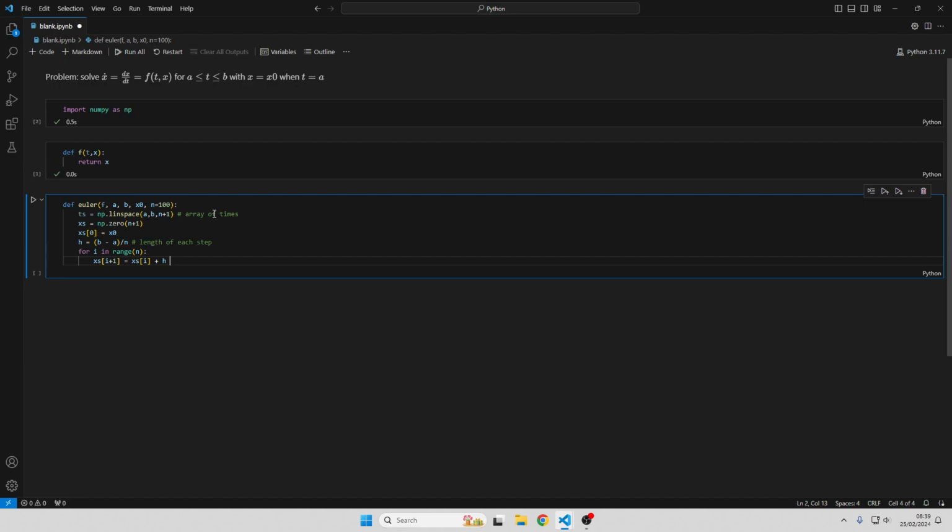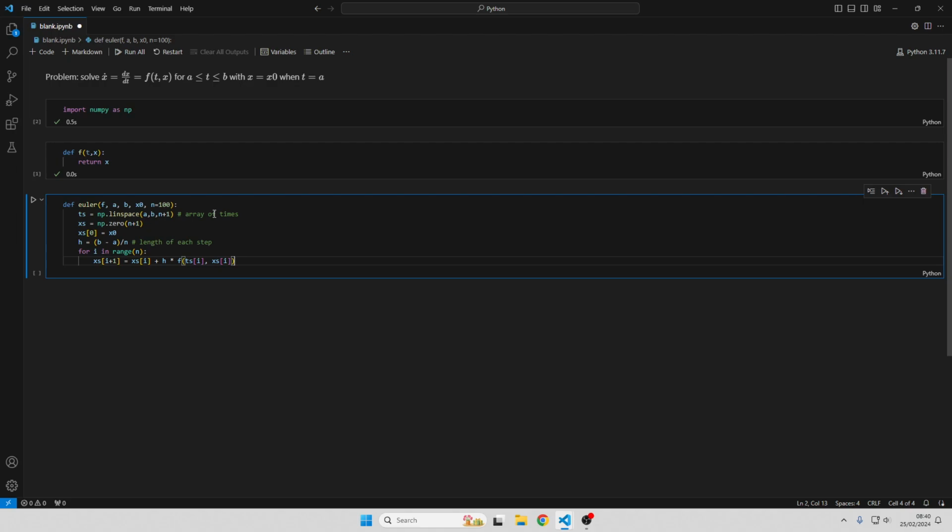Okay. So we've got to change the value of x, and you change it just by the derivative, right? So that's the standard deal with the derivative. The change in x is going to be the change in t, which is this h, multiplied by the derivative, which is going to be f of t comma x. What's t here is just the ith entry in our list of times, and for x we put in the old value of x.